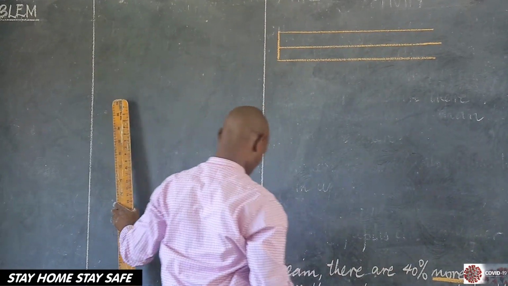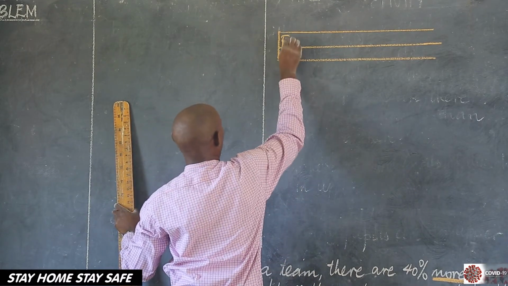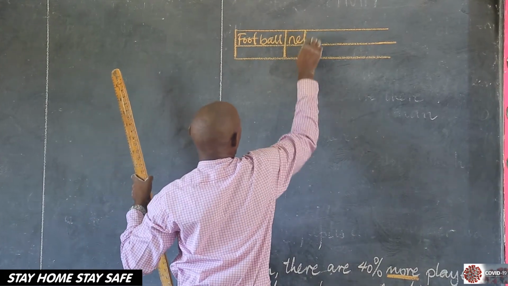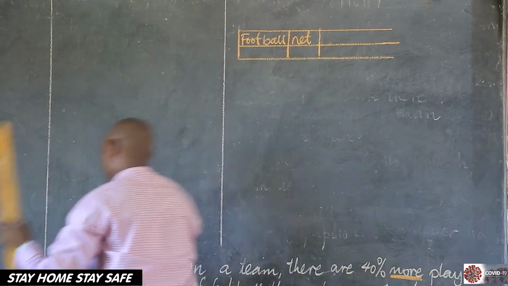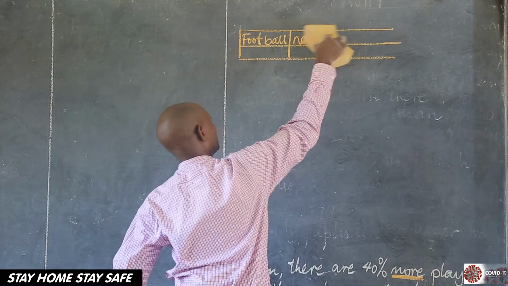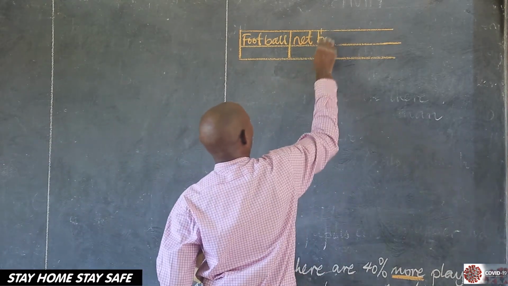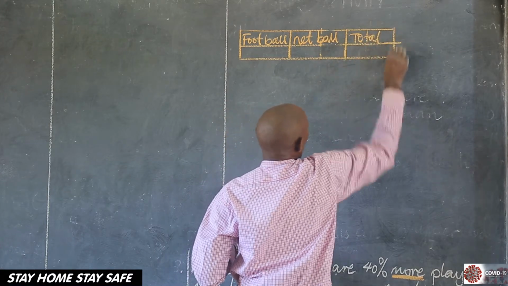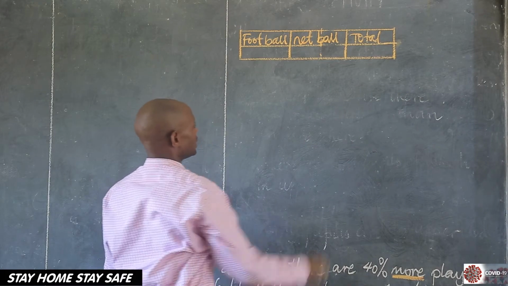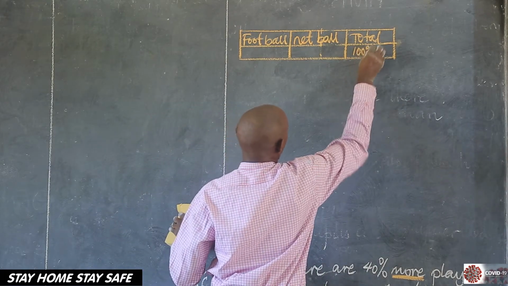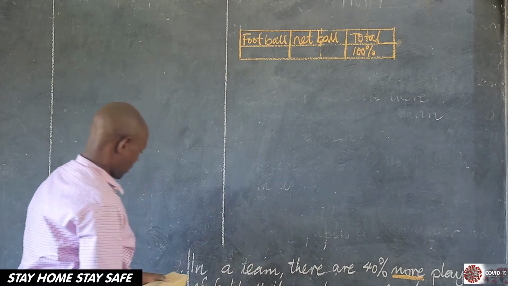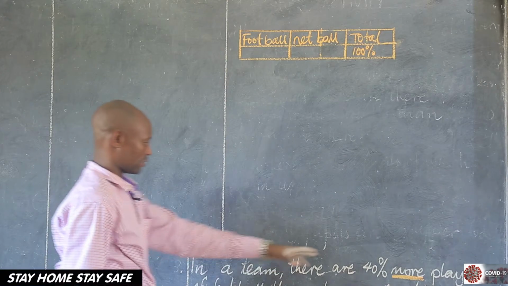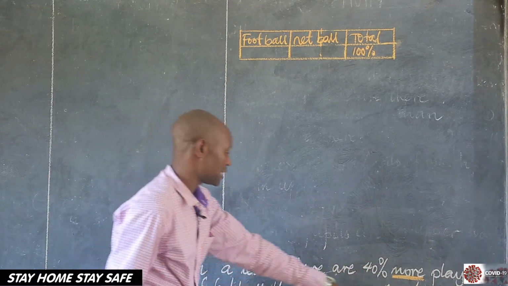We have those who play football, those who play netball, and the total. Remember, we are looking for the percentage, so the total percentage is 100%, and the percentage which plays football is 40% more than the percentage which plays netball.